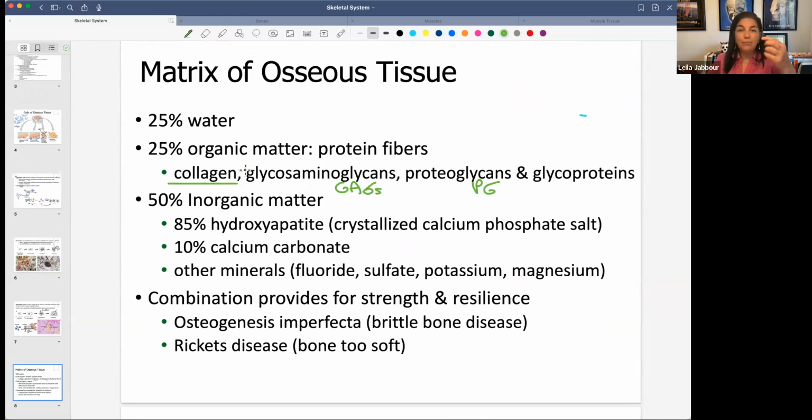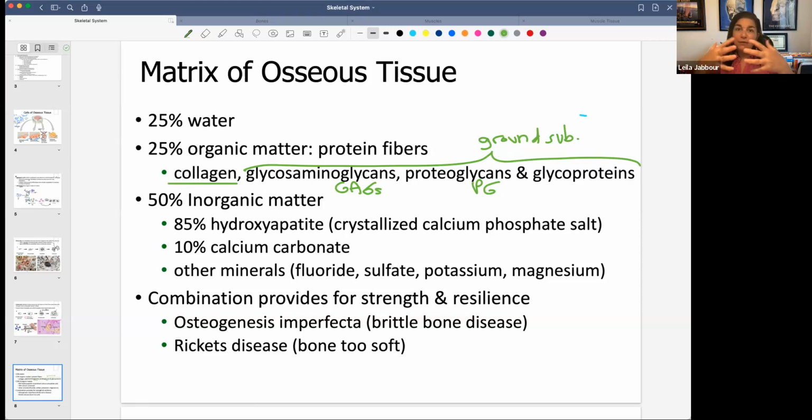All of these are what we usually describe as part of the ground substance of the extracellular matrix. And collagen fibers, reticular fibers, elastic fibers are the types of protein fibers that you find in the extracellular matrix outside of this ground substance.